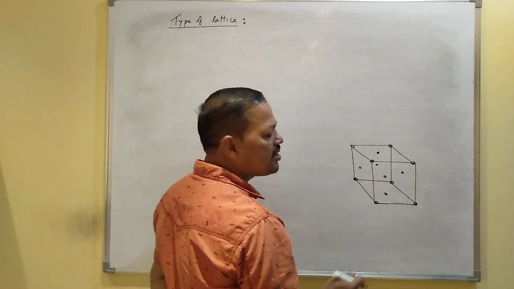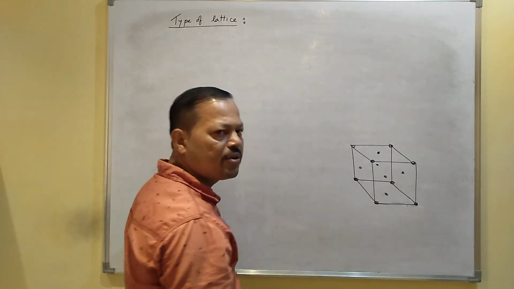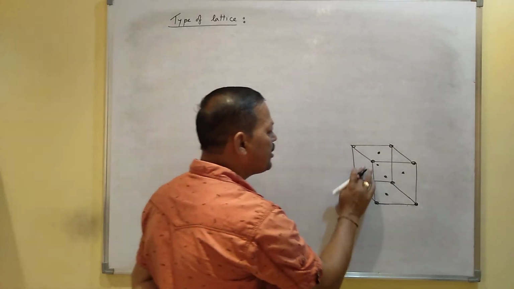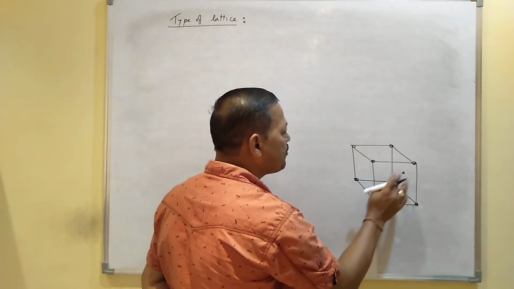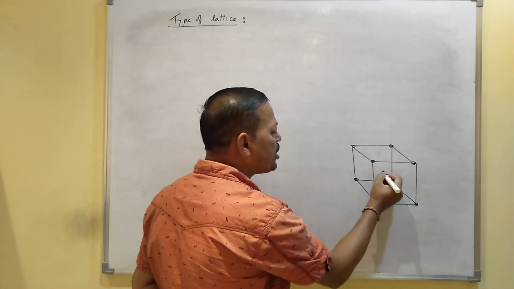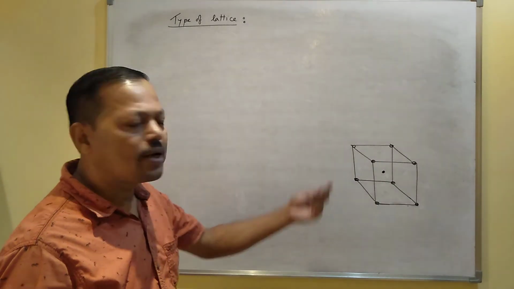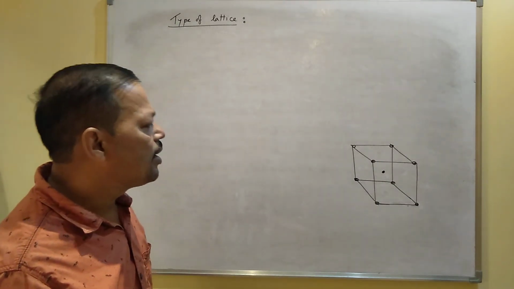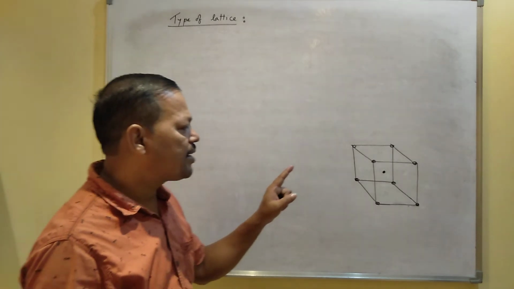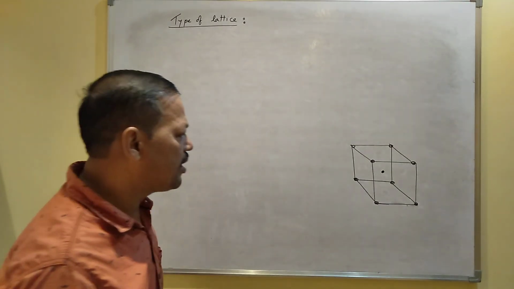This is called a face-centered unit cell when the particles are present at the corners and at the center of each face. Similarly, when the particles are present at the corners and one particle is at the center of the cube, it is called a body-centered unit cell. This is also an example of a non-primitive unit cell.